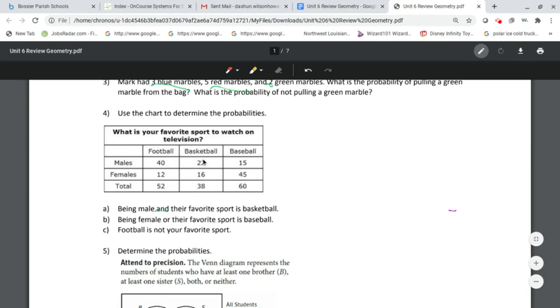So you can add these two, and that will give you your number, or you can just add a total. So we can do 38 plus 60. And we're going to still divide by 150. And that will give me my probability. Okay. All right. So that is all you have to do with those problems.